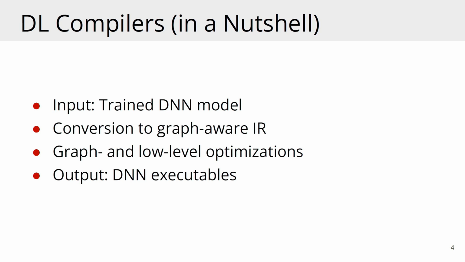In a nutshell, they take trained DNN models as input, and convert them to an internal graph-aware intermediate representation, which means that the computational graph semantics of the input model is preserved. Based on that IR, they can do graph-level and low-level optimizations to the model. Finally, they produce a compiled binary as the output, which we call DNN executables.